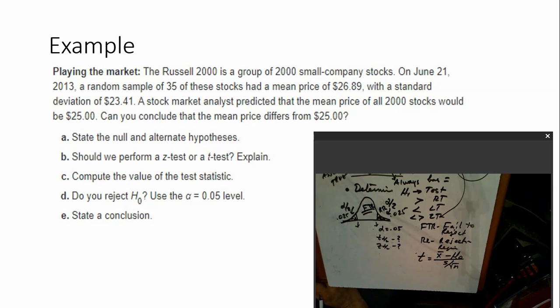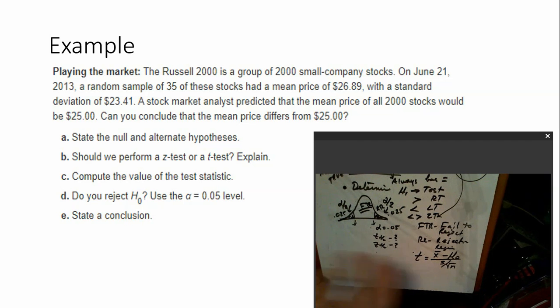Okay, so that's the test statistic formula, and now I can start working on these things. My t is just going to be my X bar, 26.89, minus my hypothesized value, 25, and then 23.41 is my s, divided by the square root of 35. This is the test statistic.